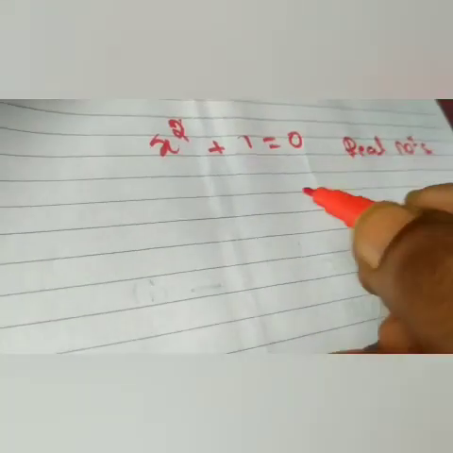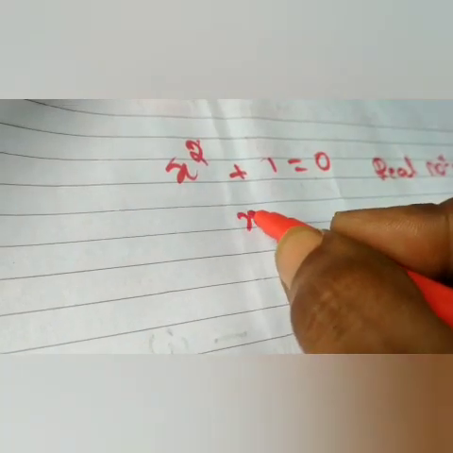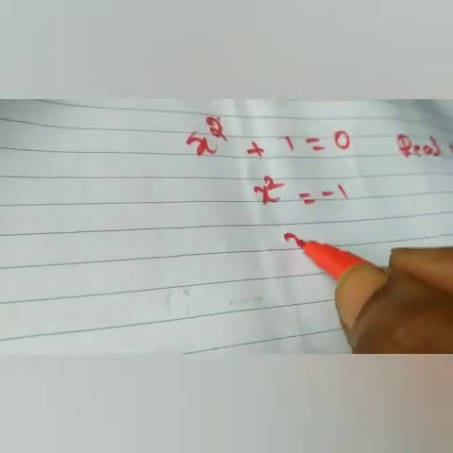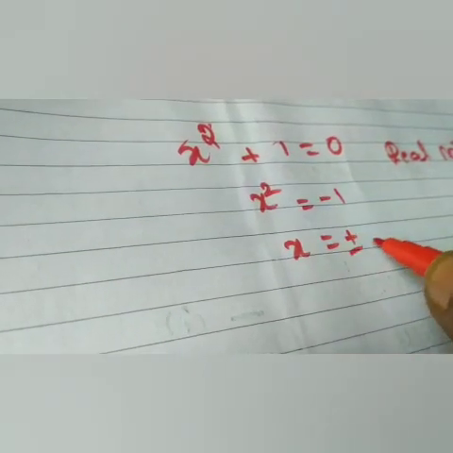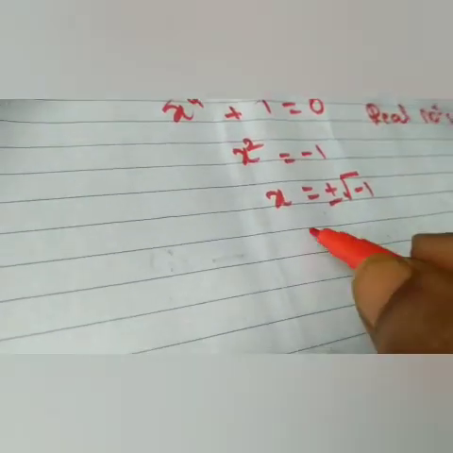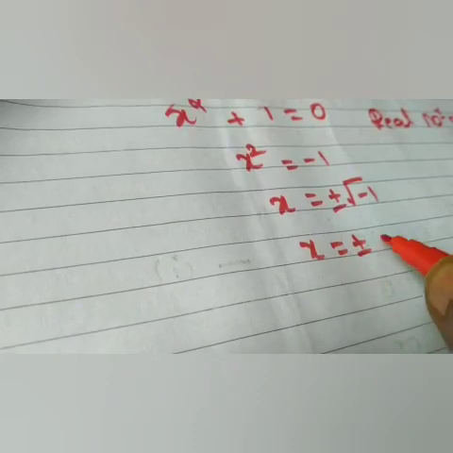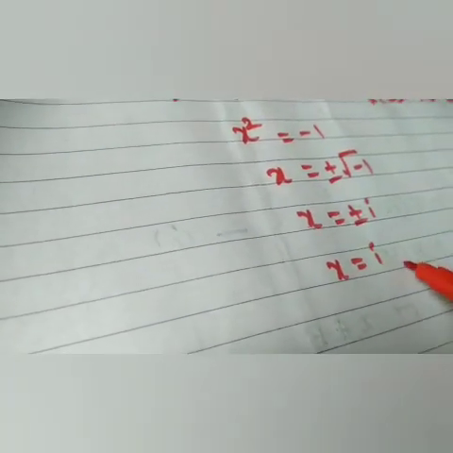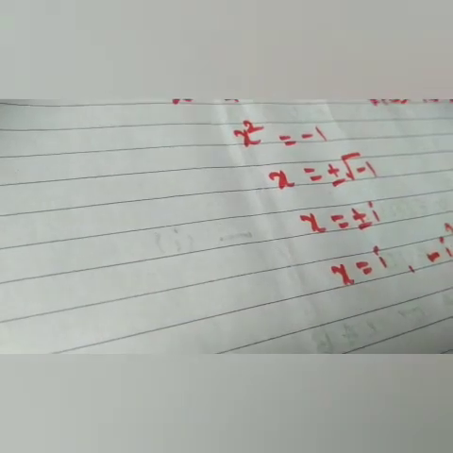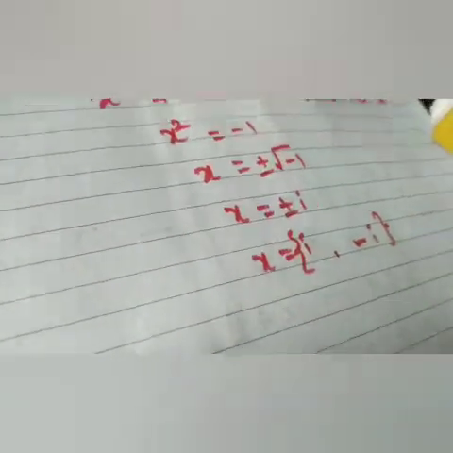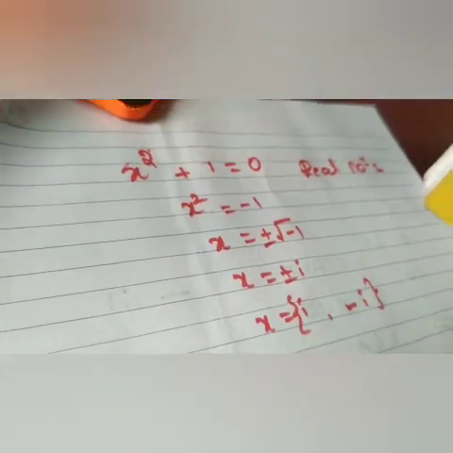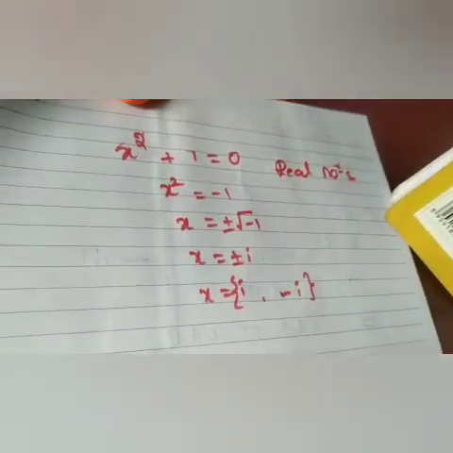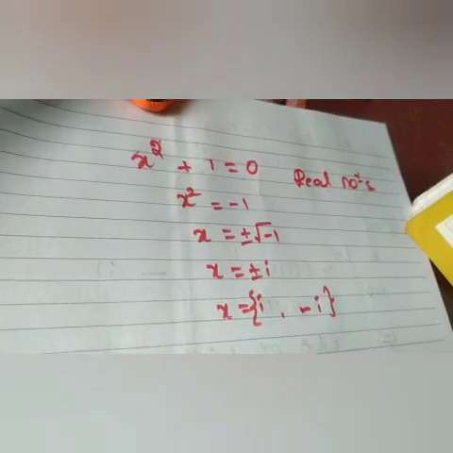How many real numbers does it contain? x square plus 1 equal to 0 means x square equal to minus 1, so x equal to plus or minus square root of minus 1, which is plus or minus i. That means x contains i and minus i. This is the set, where i and minus i are not real numbers, because these are complex numbers.